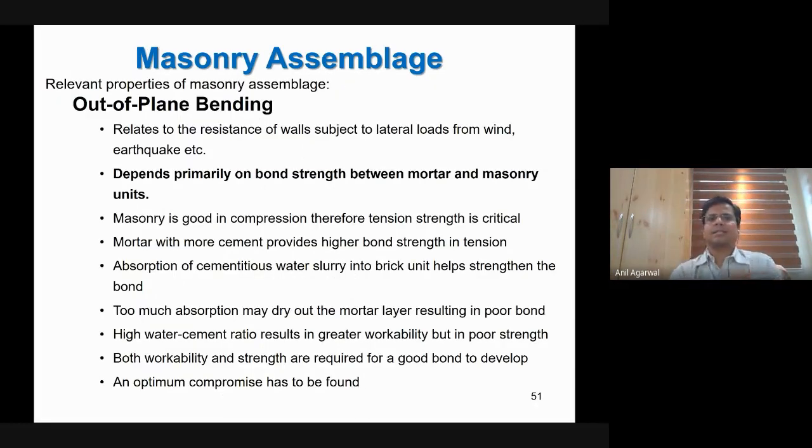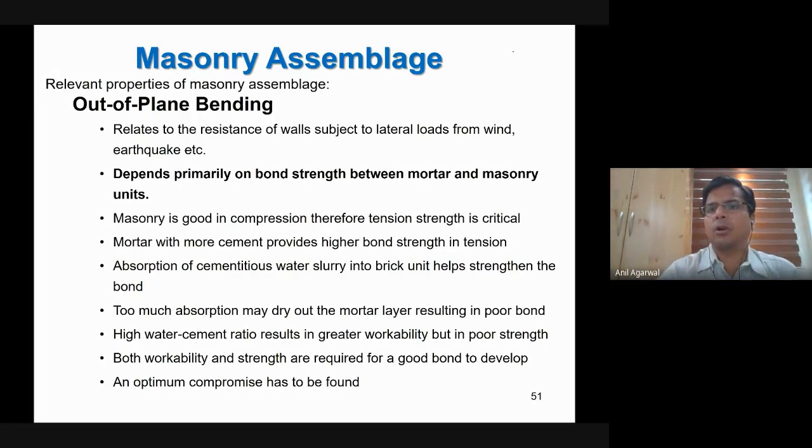Okay. What else is expected out of a masonry assembly? In addition to compressive strength, the masonry assembly should also be able to resist out of plane bending. That is, if you have a wall and there is some lateral load acting, that lateral load could be coming from anywhere. It could be coming from wind, from an earthquake load, because the foundation itself is getting a little bit unstable, or because of the earth fill.